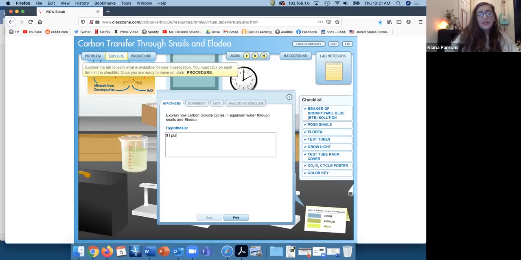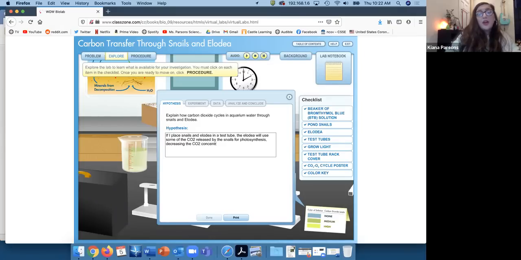So if I place snails and elodea in a test tube, the elodea will use some of the CO2 released by the snails as a byproduct of cellular respiration, but you don't need to write all of that, for photosynthesis, decreasing the CO2 concentration in the test tube.